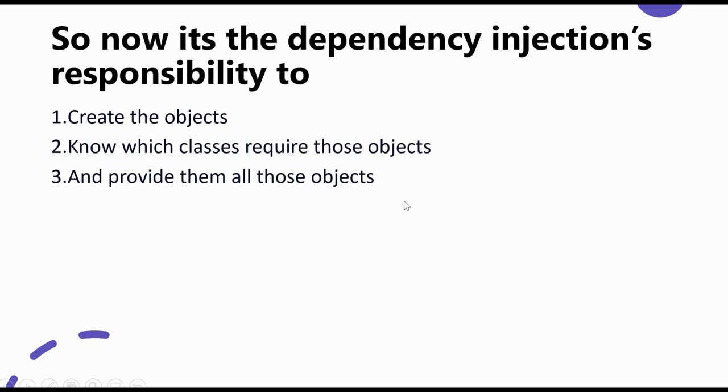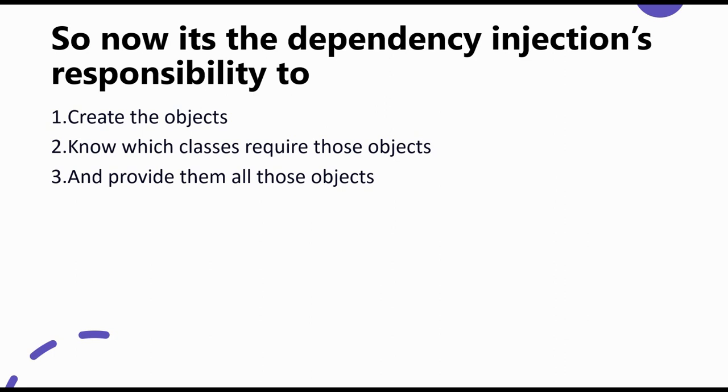Simply put, the class does not want to create objects; the framework creates them, gets information about which class wants which type of objects, and provides them. If there is any change in the object, dependency injection looks into it, and it should not concern the class using those objects.